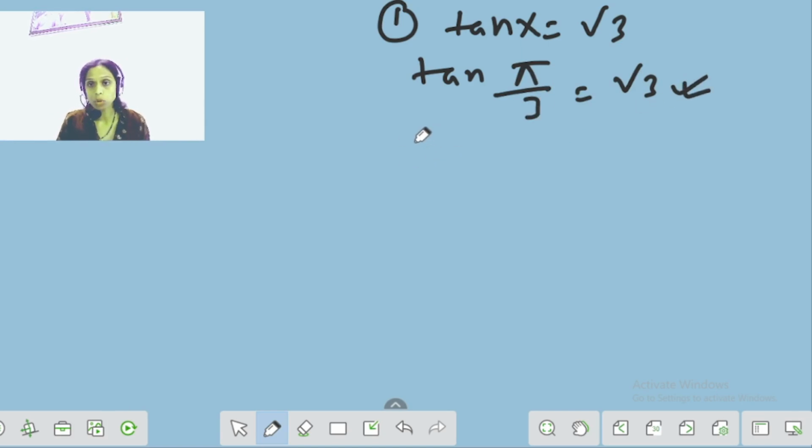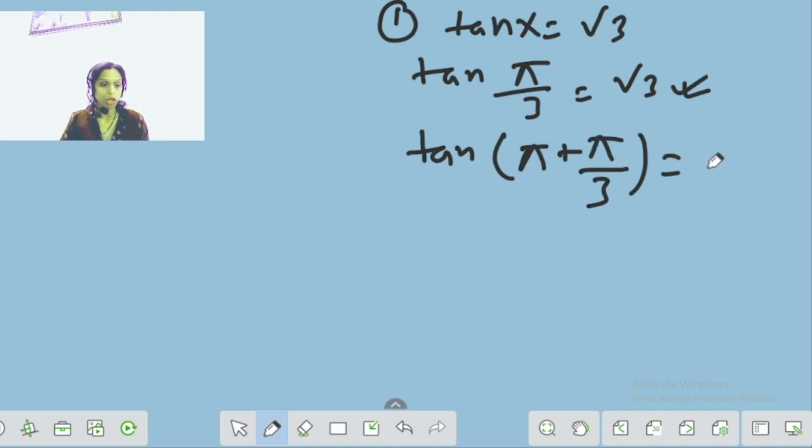Now what you have to do? You have to convert it into a 2 pi or a pi form. Then tan(n pi plus pi by 3) is equal to what?